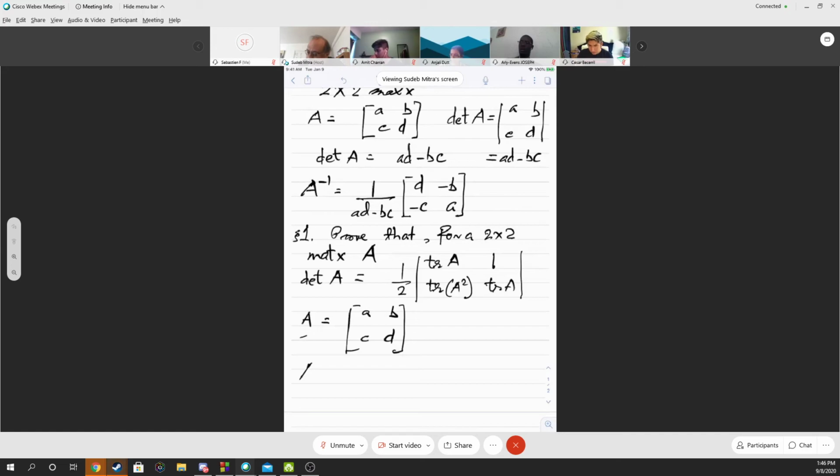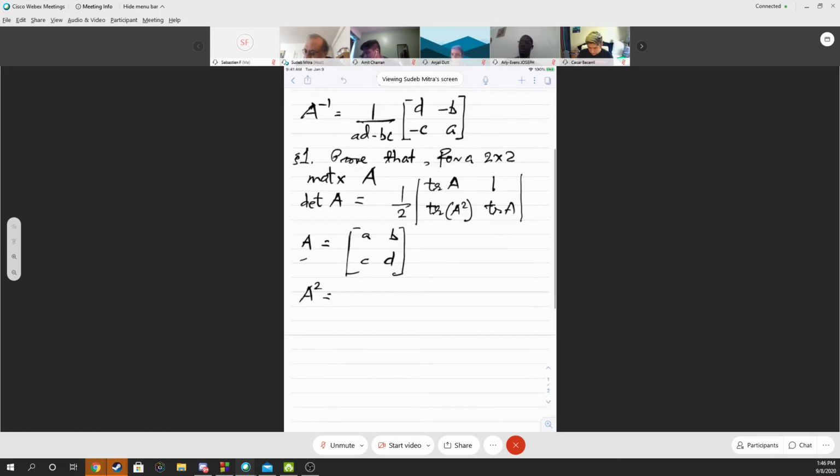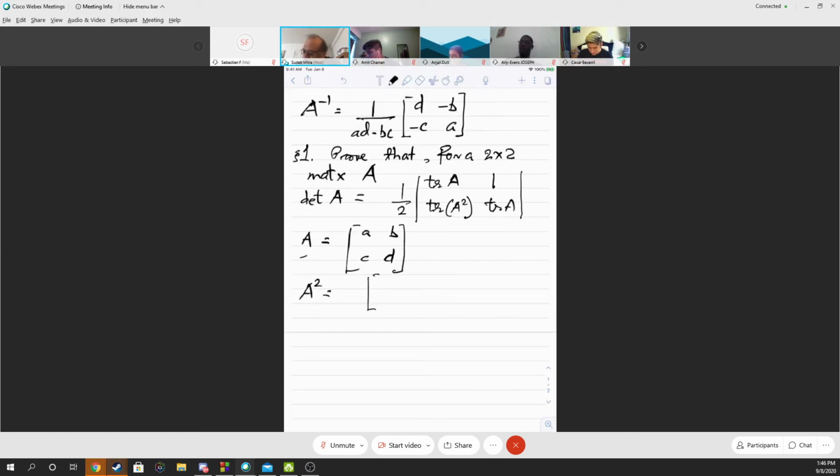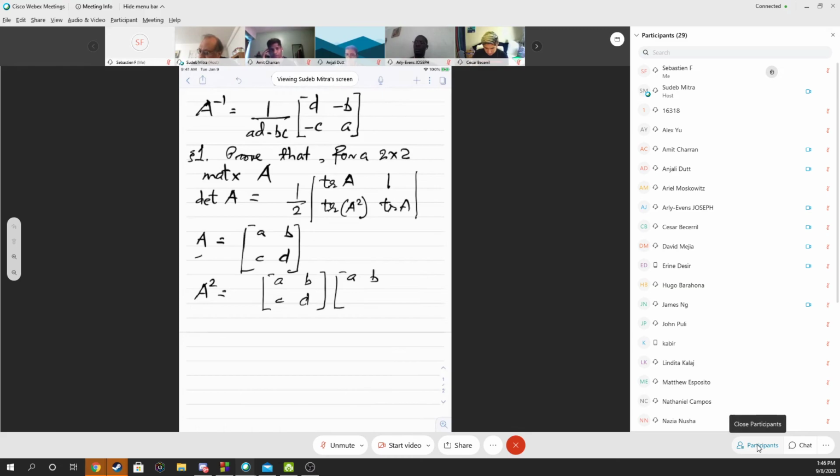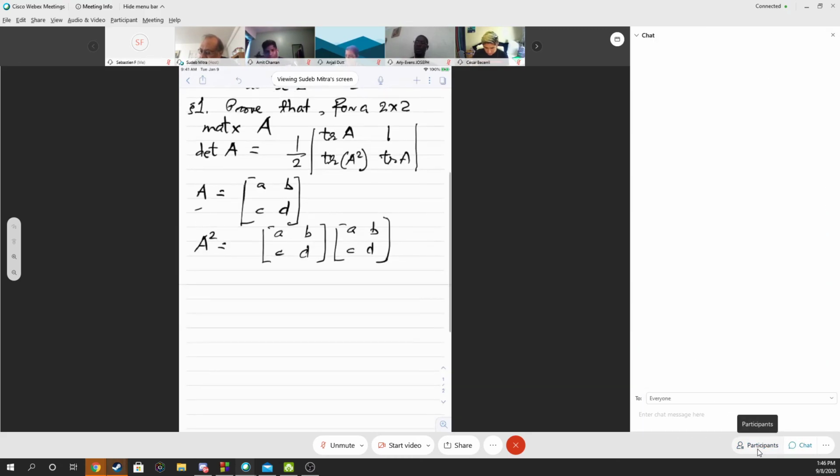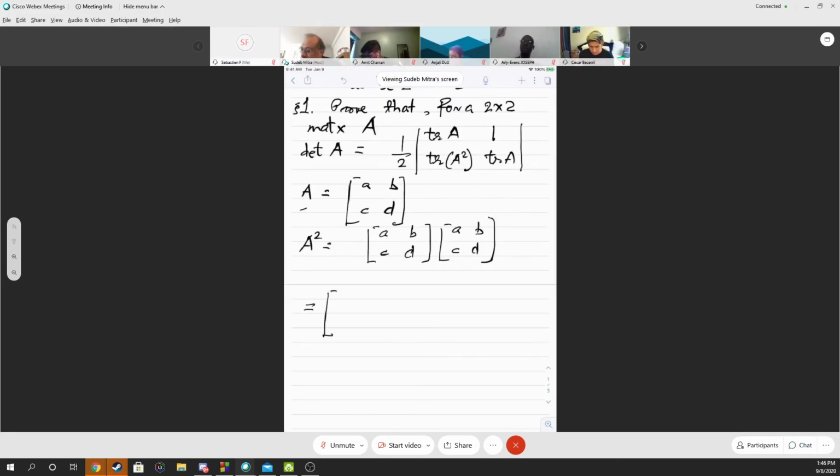What is A squared? A squared plus BC, we know how to do matrix multiplication. We did a lot last time. AC plus CD.